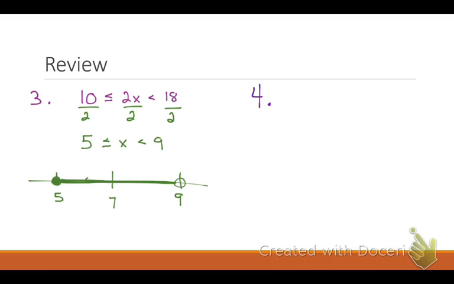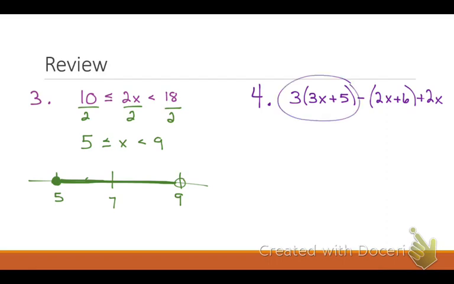Okay, 2 more problems. The next one, we need to simplify the expression 3 times (3x plus 5) minus (2x plus 6) plus 2x. Okay, so it's kind of long.